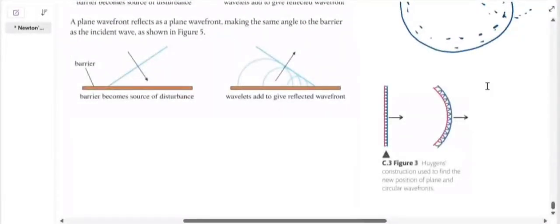Can you see this diagram? It's a straight wavefront, it's a semicircular wavefront, right? And in each wavefront, one more new circles has been created. Those are the wavelets.